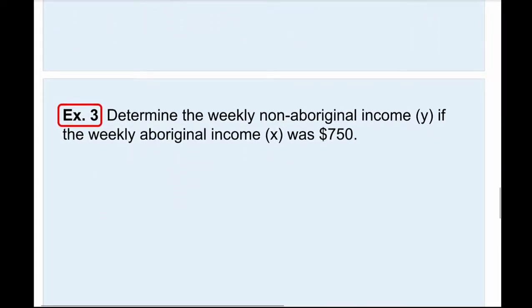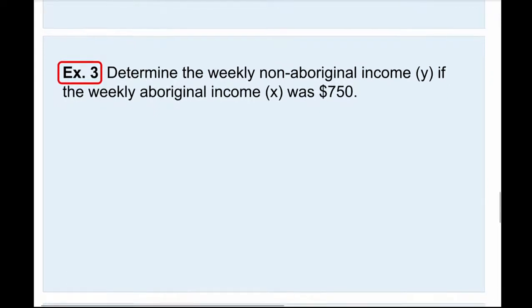So what we're going to do now is use our equation to predict. Determine the weekly non-aboriginal income y if the weekly aboriginal income x was $750. So this is basically taking our equation, y equals 0.923x plus 169, and we're subbing in the value that we're given. We're given that x is $750, and we're trying to determine y.